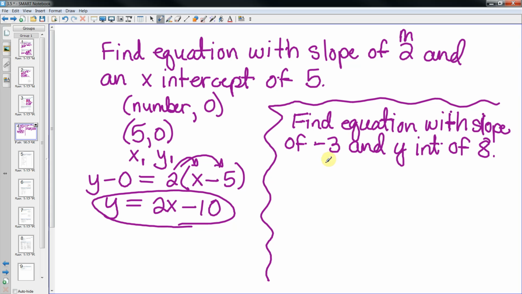Okay? Well, remember, y-intercepts are 0 comma the number, so that would be 0, 8. That would be my x1, y1.